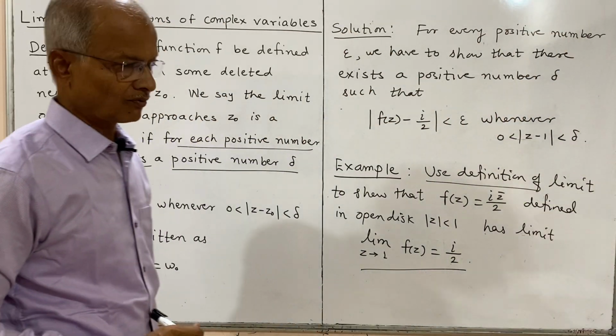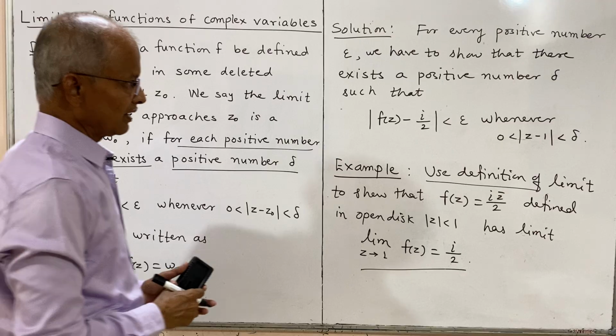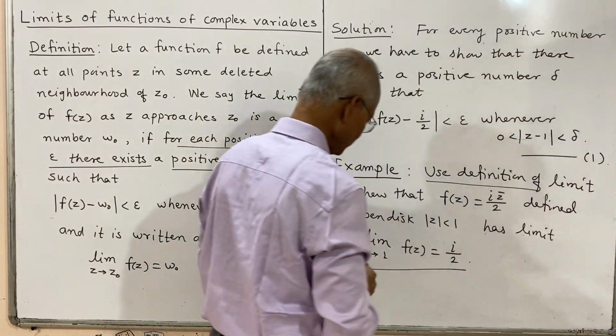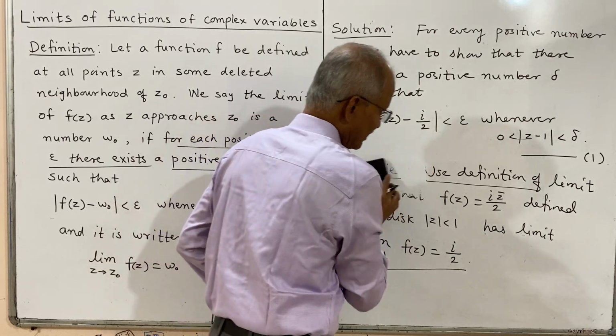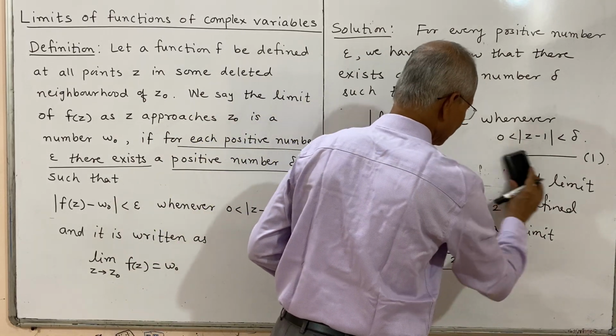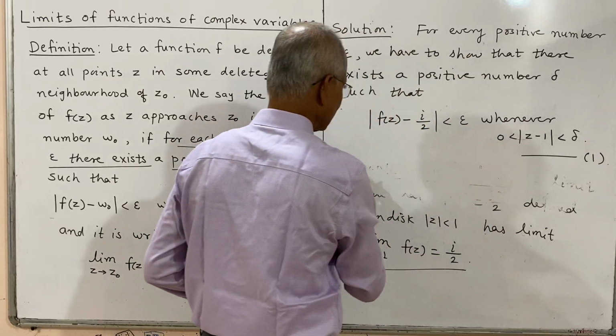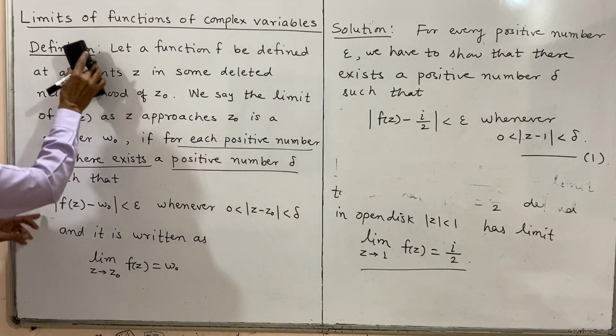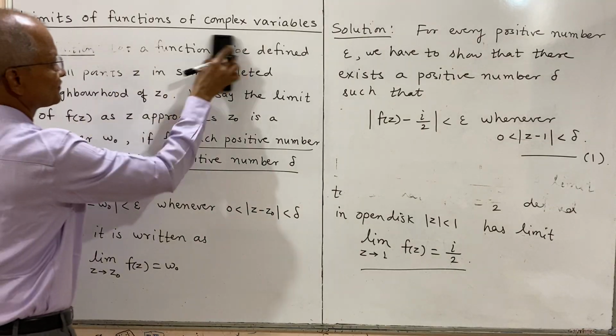This is what we want to show, and we shall call this statement 1. Then we are done. The function is f of z equal to i z bar by 2. Now I shall rub this part and write here.